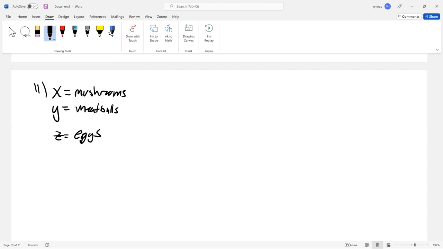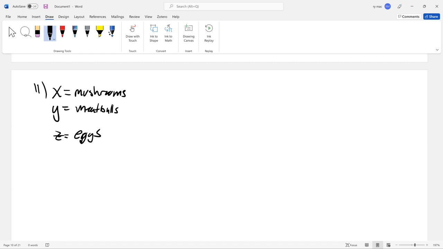And then since our types of snacks are variables, the types of, I guess, I don't even know what those are called. I'm not a science major. Proteins, carbohydrates, and fats. Those are going to be each one of our equations. So one equation is going to relate to protein, one equation is going to relate to fat, and the other is going to relate to carbohydrates. So I'll just kind of write across.